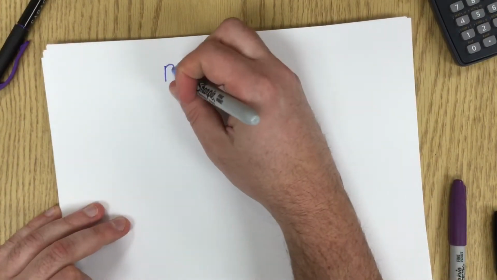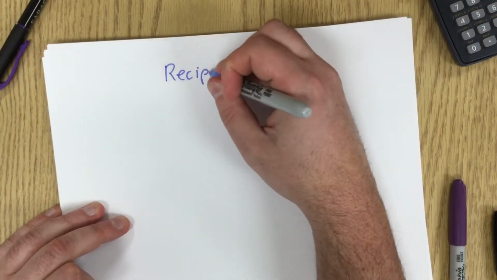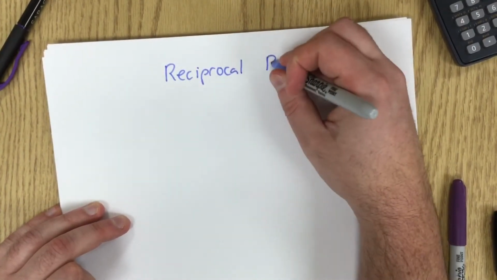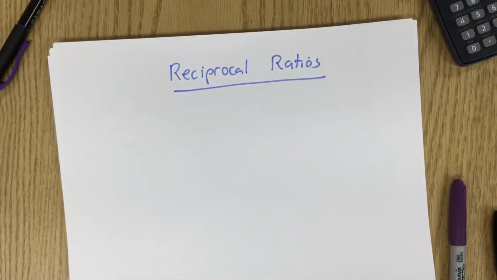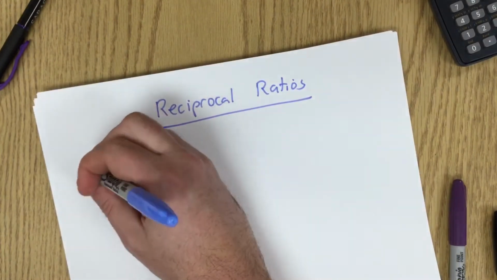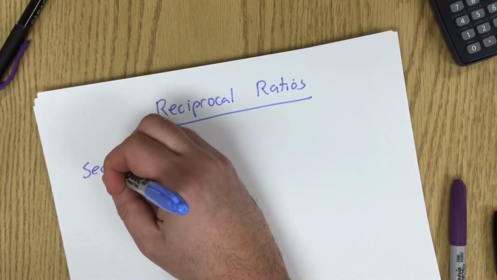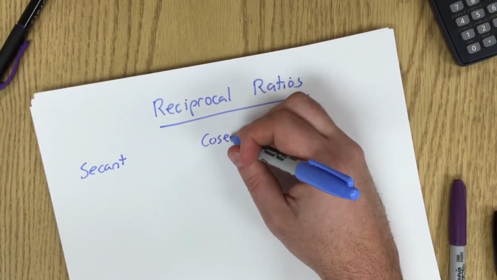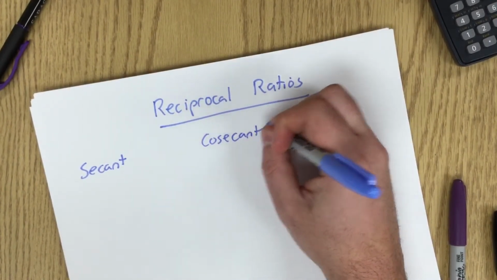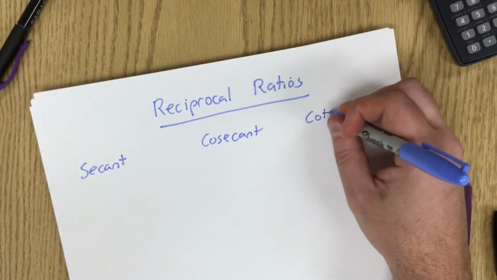So, what are reciprocal ratios? Let's actually go talk about the reciprocal ratios now. Well, it's just 3 more ratios that we are going to define. It's going to be the secant ratio, the cosecant ratio, and the cotangent ratio.